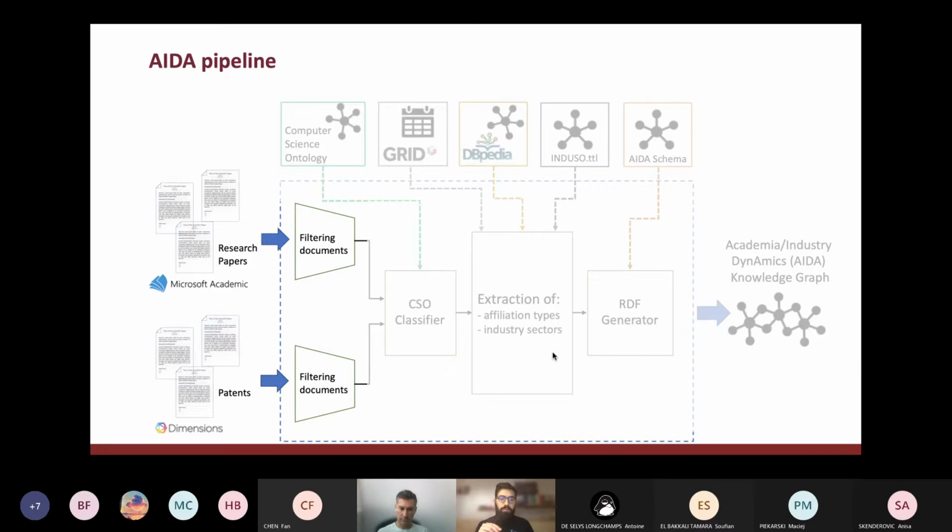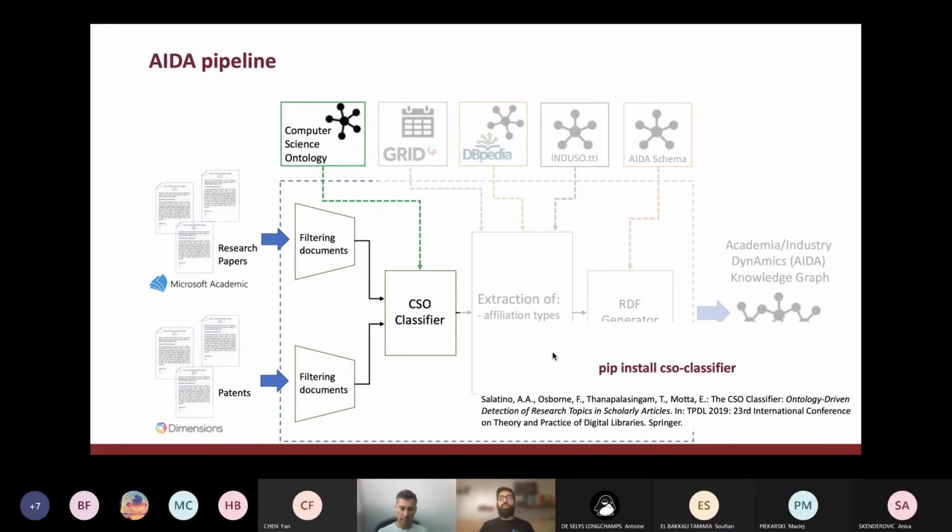So it is important to filter here to not process useless documents, because we won't be able to infer topics out of them. Then we extract topics, with a tool that I designed a couple of years ago, which is called the CSO classifier, and which annotates papers and patents according to the computer science ontology.